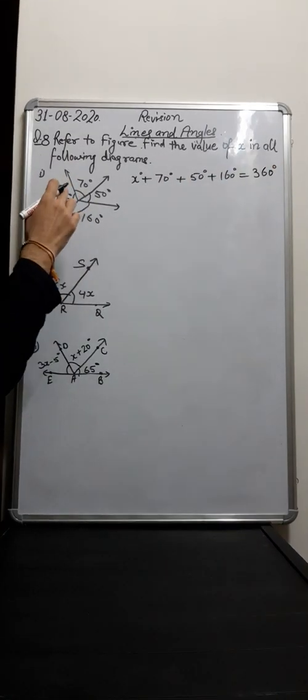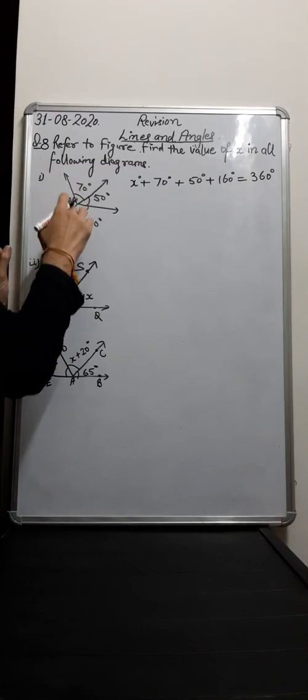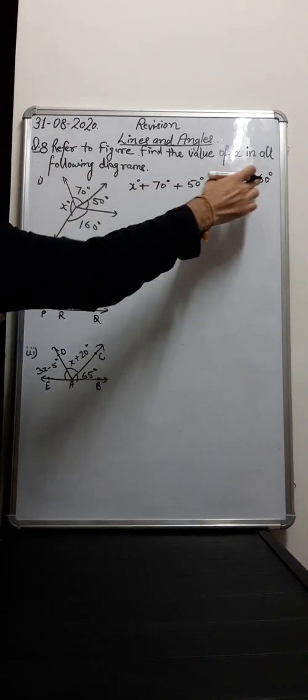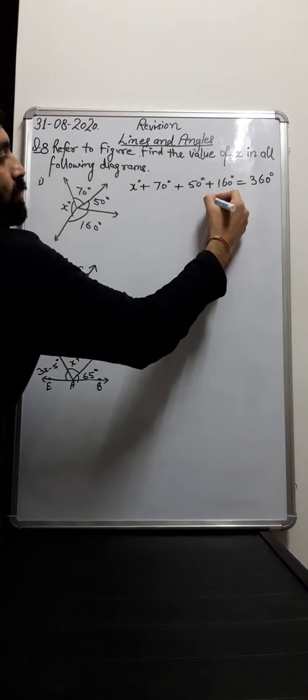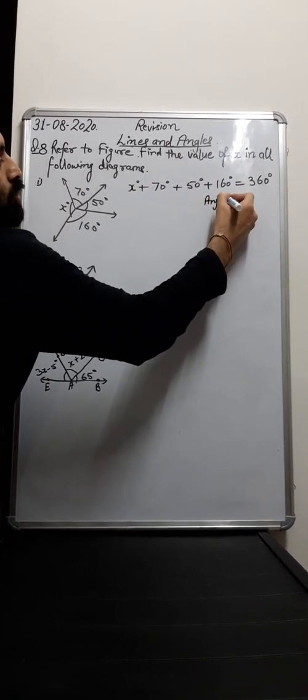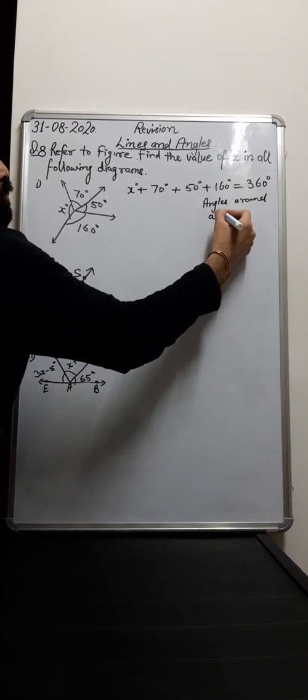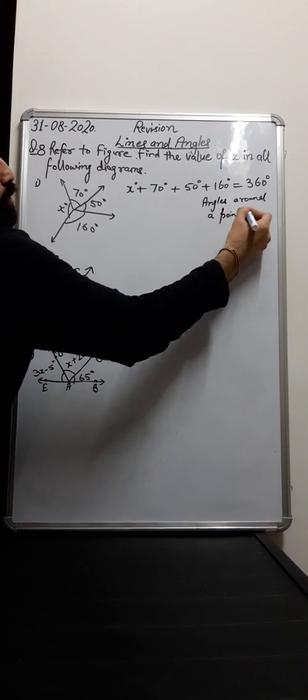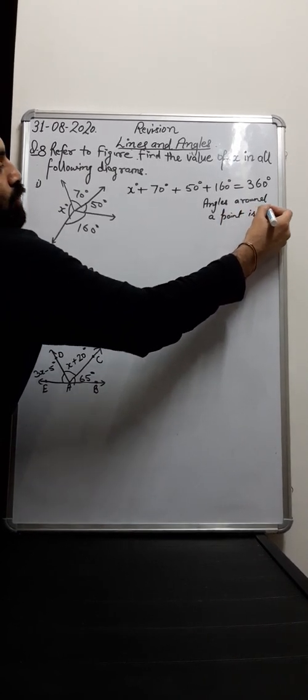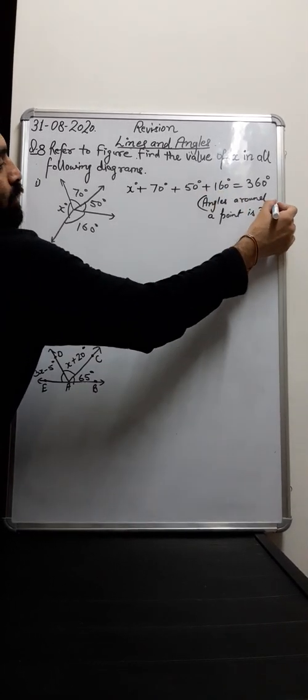Whenever any number of angles are forming all around a point, their sum is always 360, and the reason is angles around a point is 360 degrees.